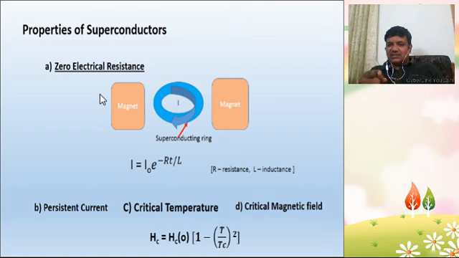And there is one more thing. We have a current flowing in the superconducting loop, and the amount of current should be such that it can stay there for a long time. If the current reaches a certain critical value, it generates a critical magnetic field, and that internal magnetic field will destroy the superconducting property.